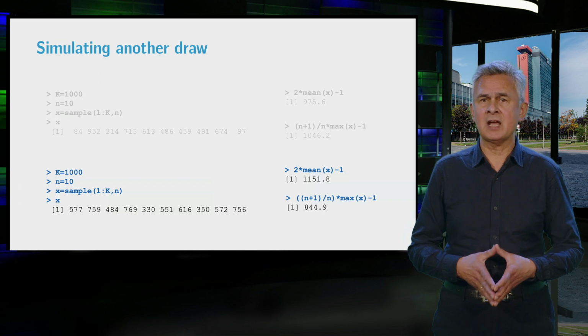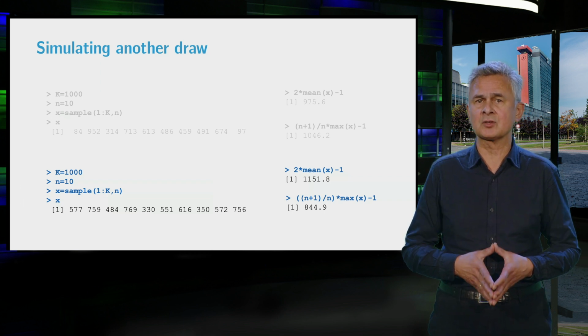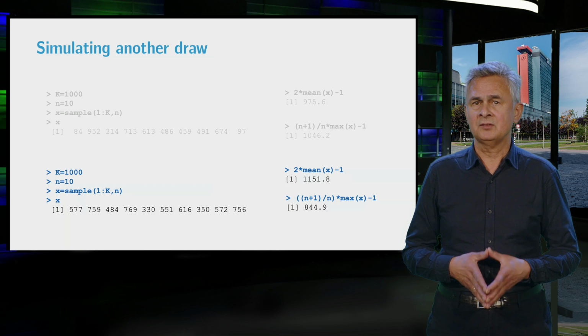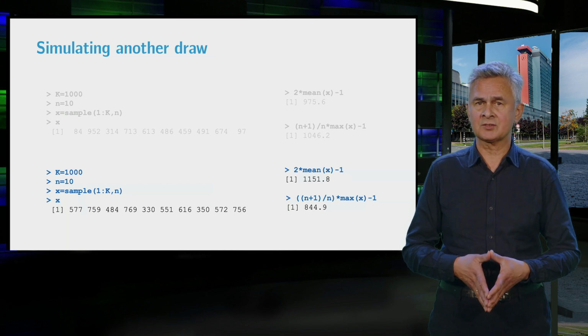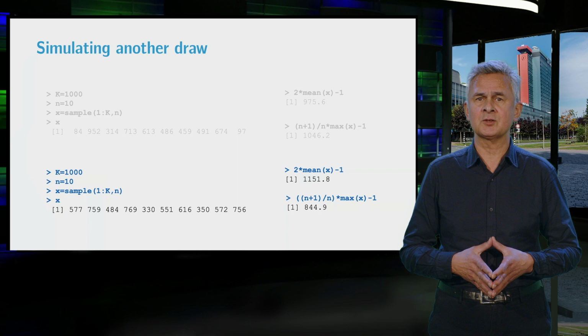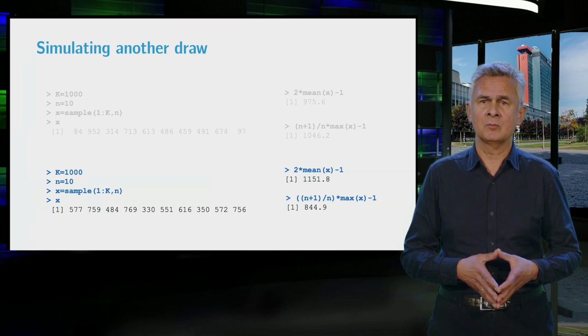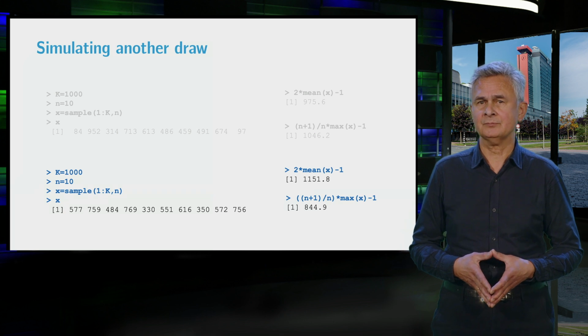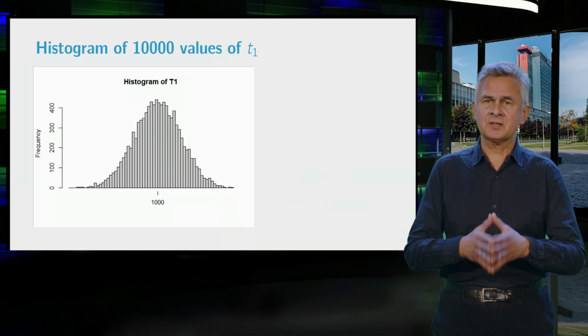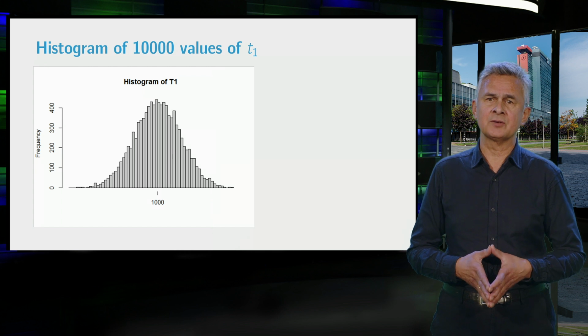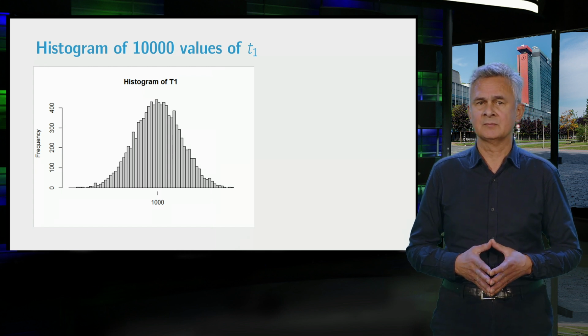Now, we investigate the behavior of the estimators by repeating this a lot of times. 10,000 times we draw a dataset of 10 numbers without replacement from the numbers 1 to 1,000 and compute both estimates. Here's a histogram of the 10,000 values for estimator 1.